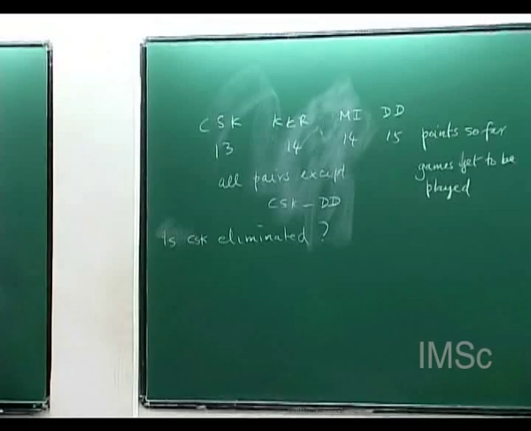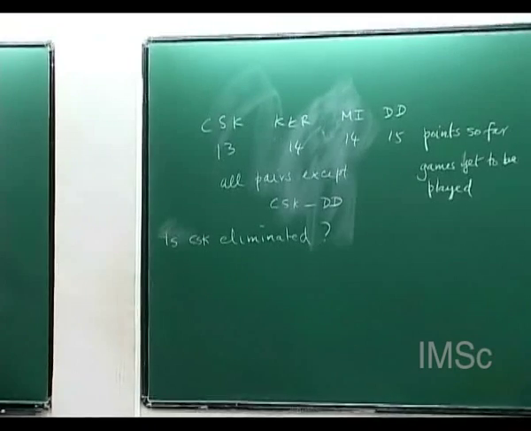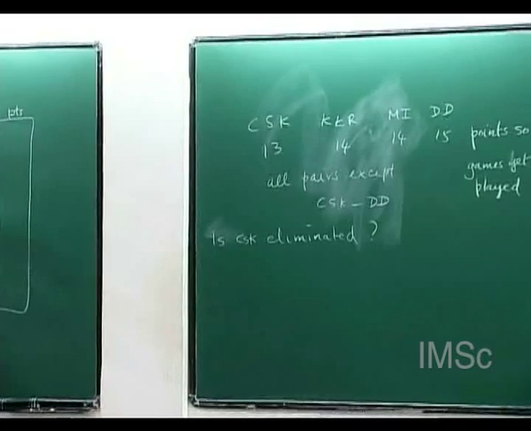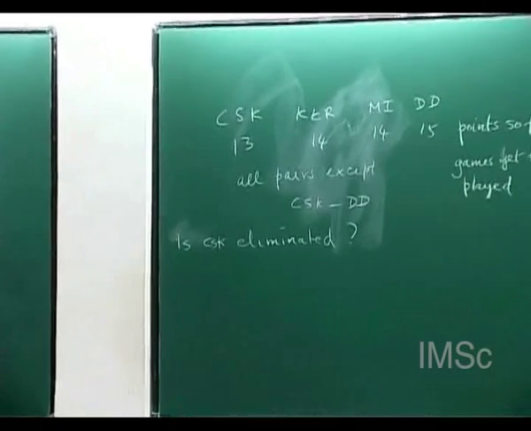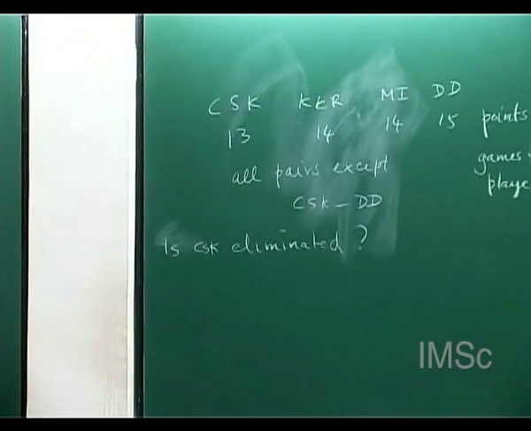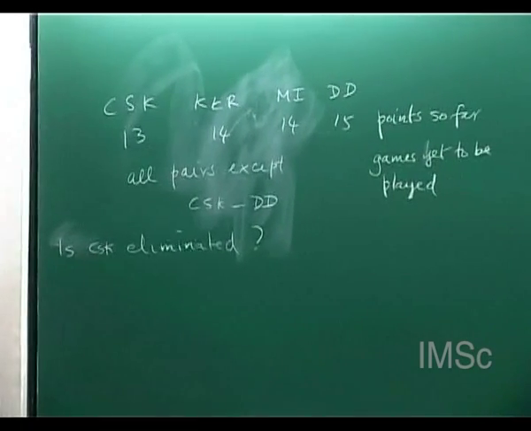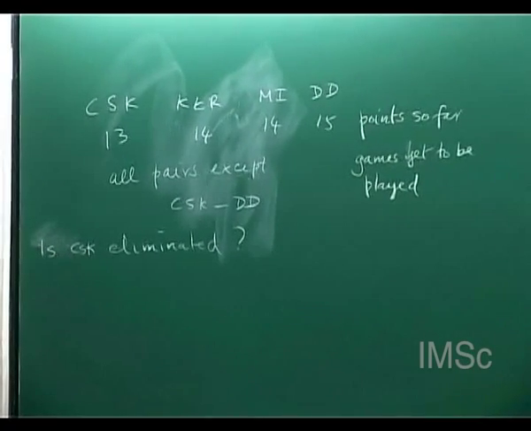Is it or not? Let us just answer this for this example. Is the question clear? These are the points currently, and the matches to be played are all pairs except one: of the 6 matches, minus 1, 5 matches are left, and CSK still has a chance.